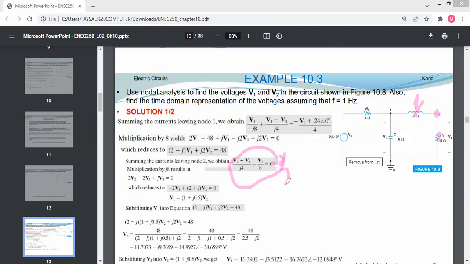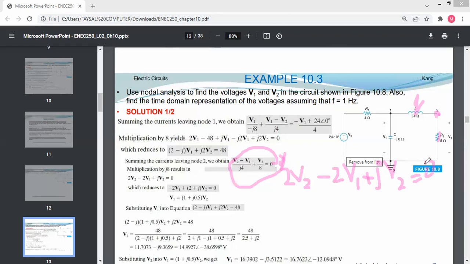So after that, it will be 2v2 minus 2v1 plus jv2 equals to 0.